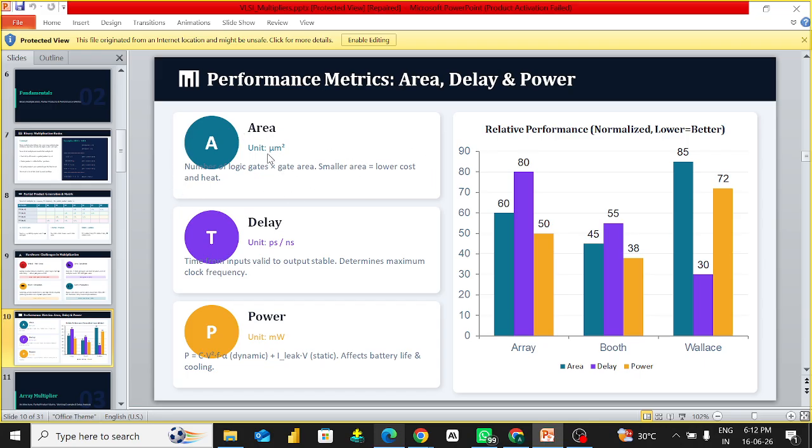Okay, so area unit is micrometer square, and delay unit is in the form of picoseconds or nanoseconds, and power is measured in milliwatts. Okay, so these are some things you should remember, like the performance metrics: area, delay, and power. Area is nothing but number of logic gates times gate area. These are some interview questions you should remember: what are the units and how you are going to define them.